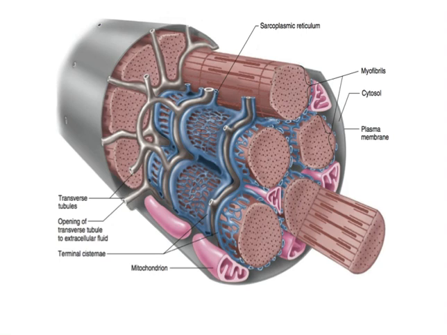Transverse tubules are called transverse because they lie transverse to the longitudinal axis of muscle fiber. These transverse tubules, or the T tubules, originate from the sarcolemma.